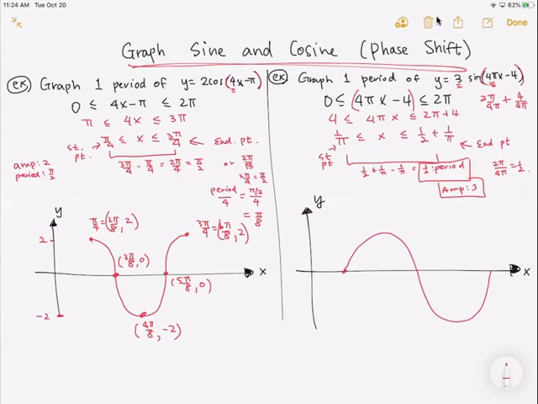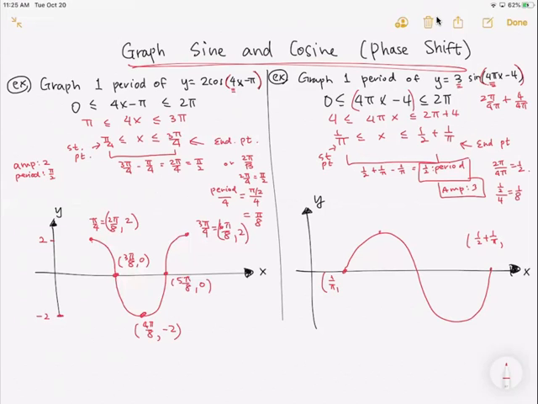So my starting point, as we said, will be 1 over pi. My end point will be half plus 1 over pi. And we can find the rest of the key points by using period divided by 4, because every quarter of the way we have our key point. So period, we had half, then divided by 4, we get 1/8.